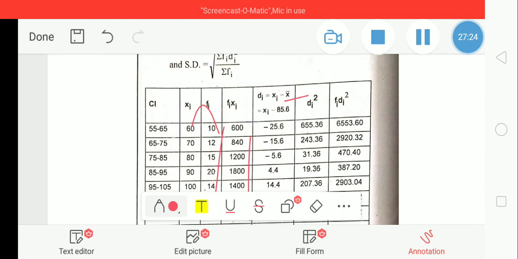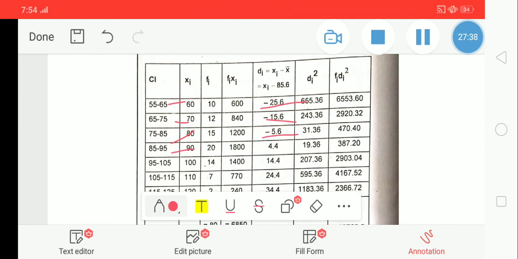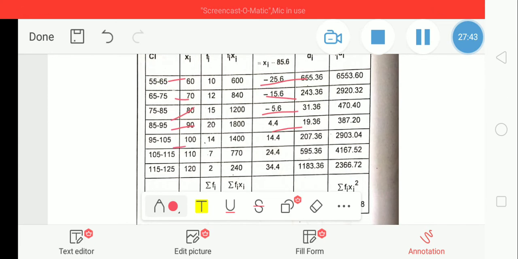So now xi minus 85.6: 60 minus 85.6 gives minus 25.6, 70 minus 85.6 gives minus 15.6, 80 minus 85.6 gives minus 5.6, 90 minus 85.6 gives 4.4, 100 minus 85.6 gives 14.4, 110 minus 85.6 gives 24.4, and 120 minus 85.6 gives 34.4.